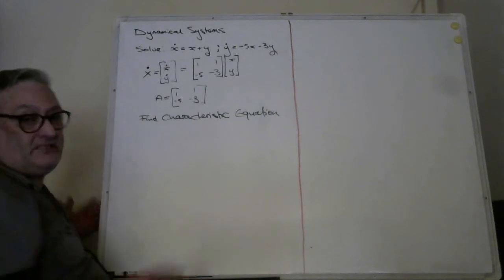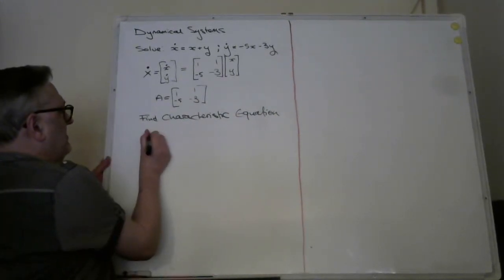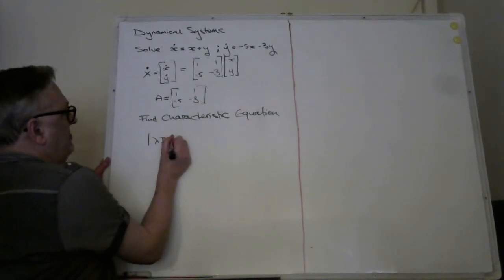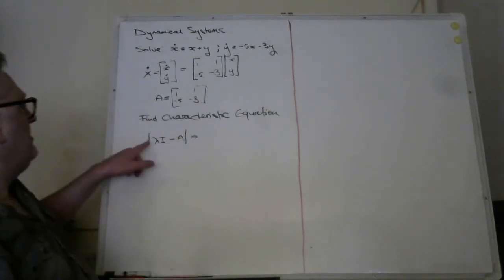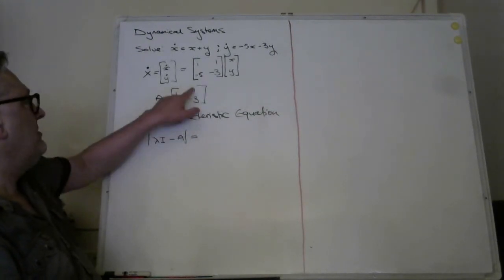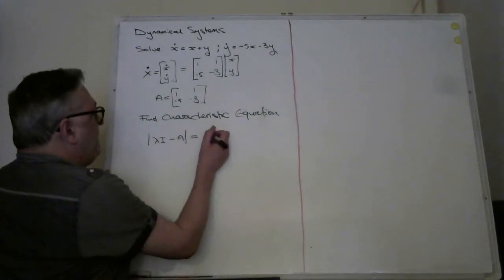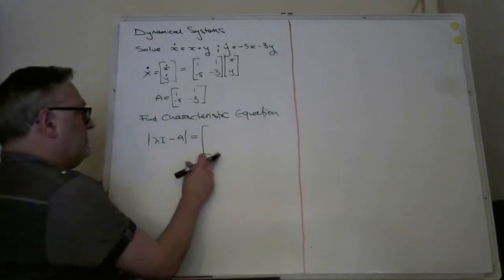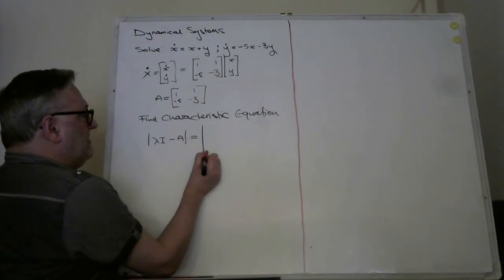So find the characteristic equation. What do we do? Well, as I always say, find the determinant of lambda I minus A, and that's equal to lambda times the identity matrix minus the entries that we have in this matrix. I'm missing a step out now, because you should have cottoned on to this method from the previous 2 or 3 videos.